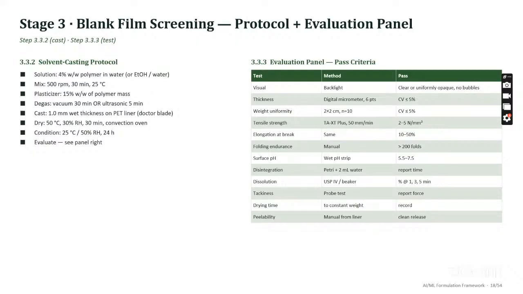Evaluate, see the panel, right? When you are doing my process, if my drying is at 25 degrees, or 30, or 50, or 16, or 10 degrees, I should evaluate it, because of stability. When I prepare my film at different temperatures and inject my samples, then we check the assay. Depending on the different conditions, my assay will vary.